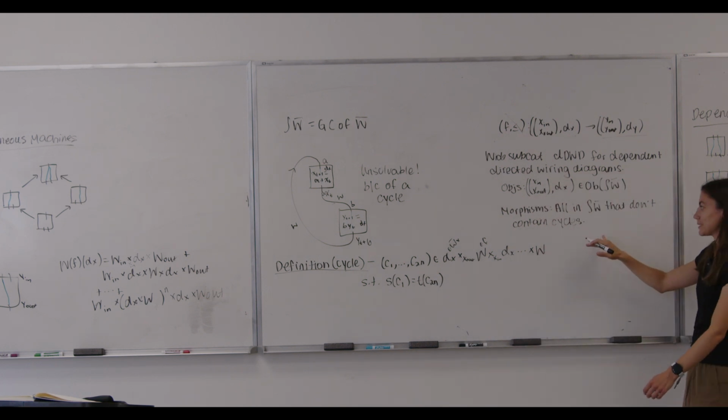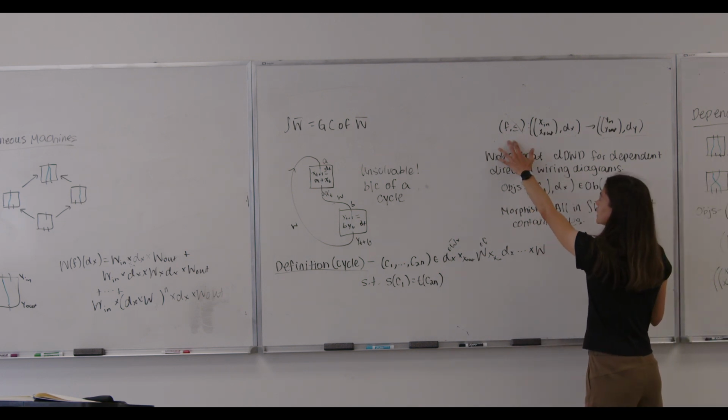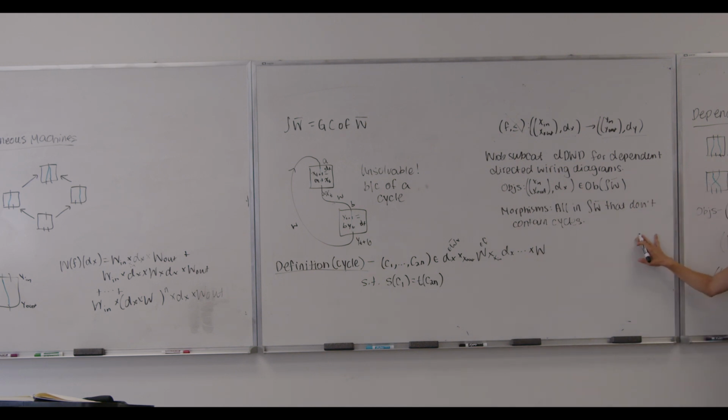And this is a category because if you take some F less than or equal to and G less than or equal to that both don't form cycles, then when I compose them, I also cannot get a cycle.